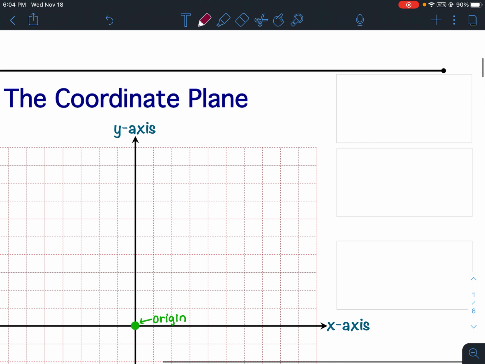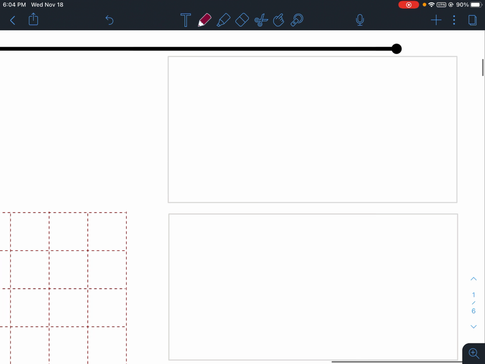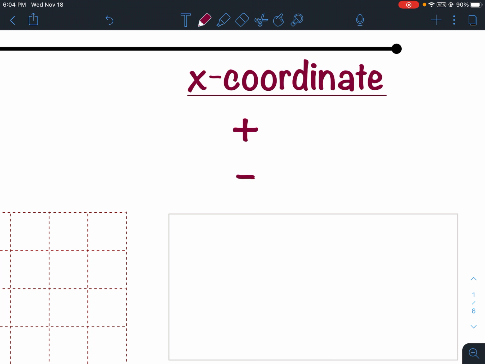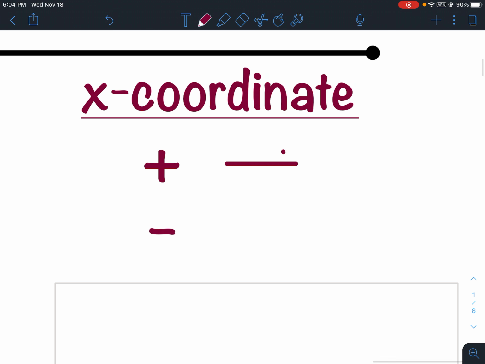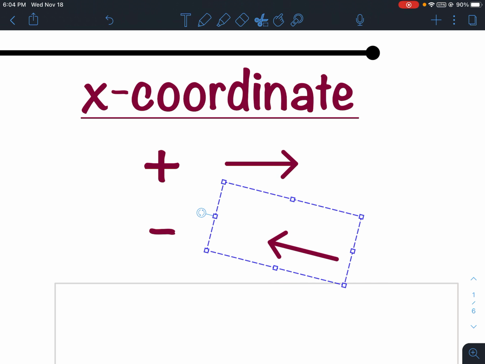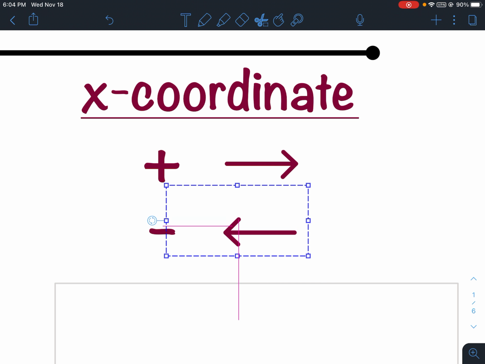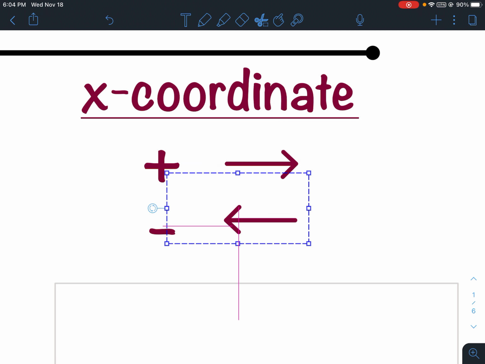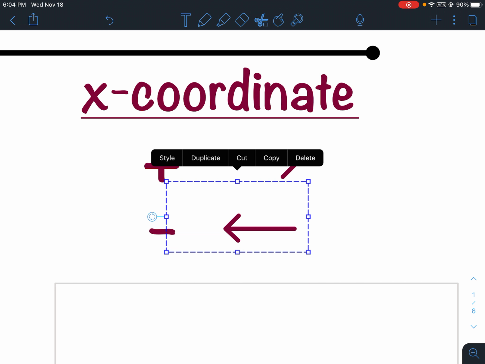So go to this top right corner. The x-coordinate. If the x-coordinate is positive, again, you will move to the right. If the x-coordinate is negative, you'll move to the left.